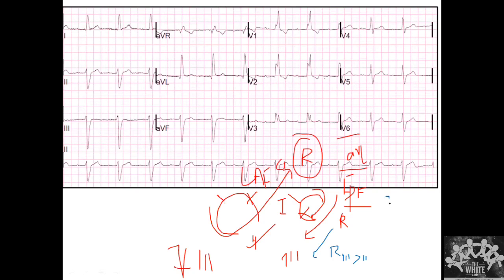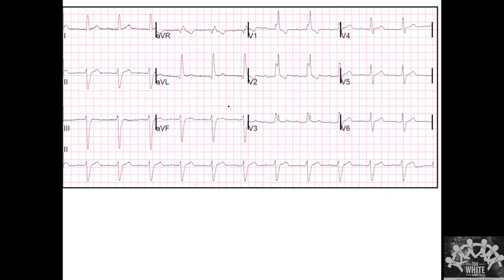The S wave in AVL will be more than lead 1. That's all. So left anterior fascicle will have left axis deviation which is less than -45, which essentially means that it is a pathological left axis. Clear now?